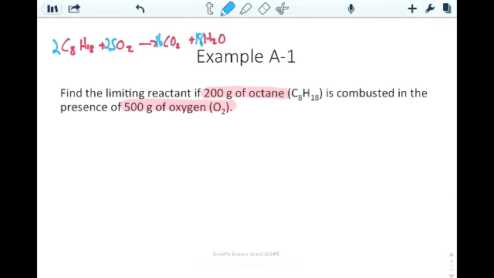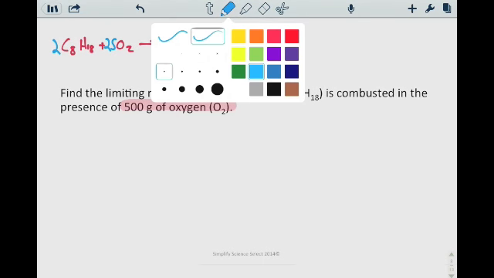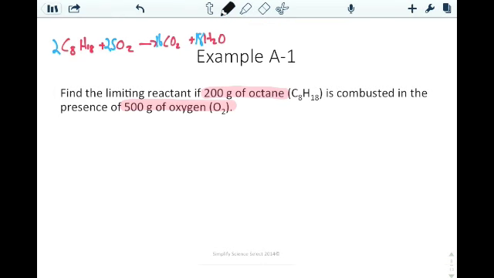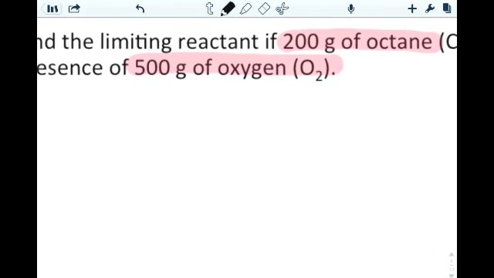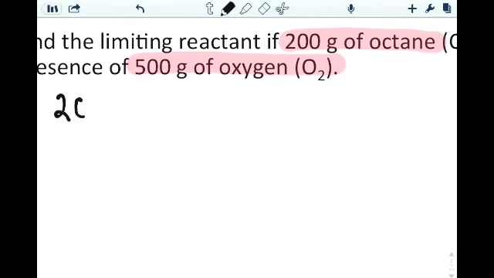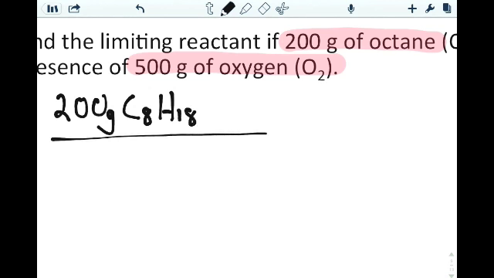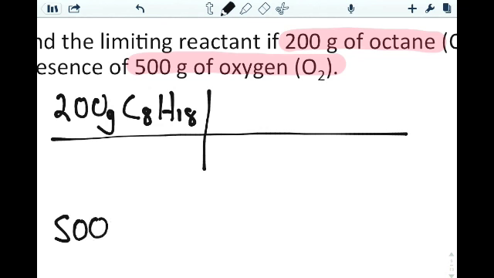So from here, we can go ahead and work everything out. We always start with the number the problem gives us. So we're going to start with our 200 grams of octane, C8H18. And remember, we need it in moles because we're going to look at how many moles we need in the reaction. So 500 grams of our O2.